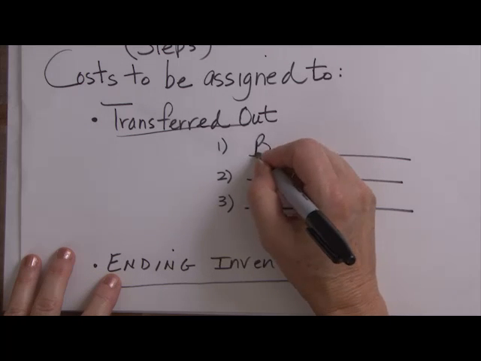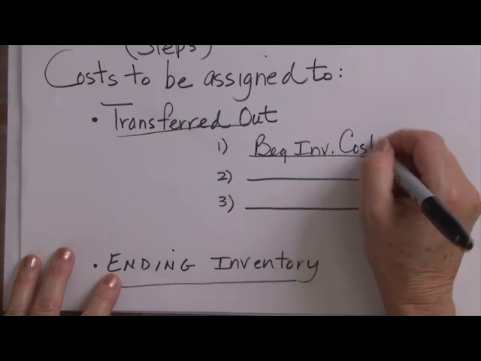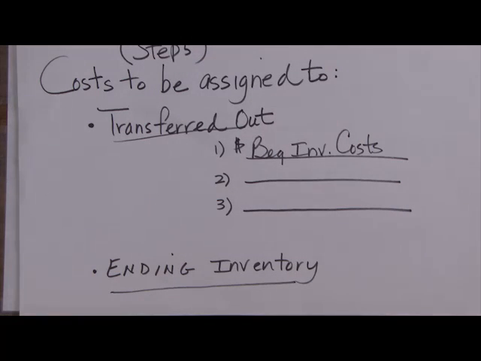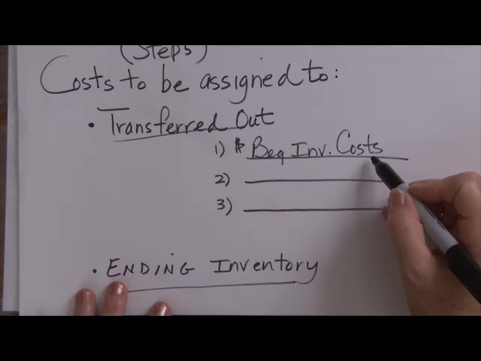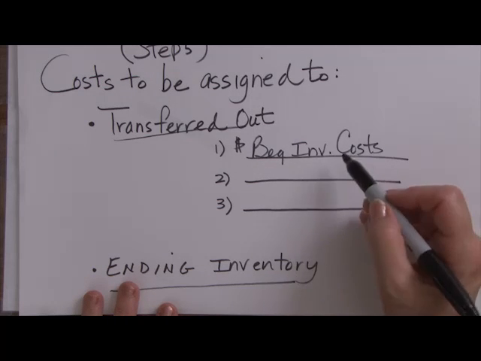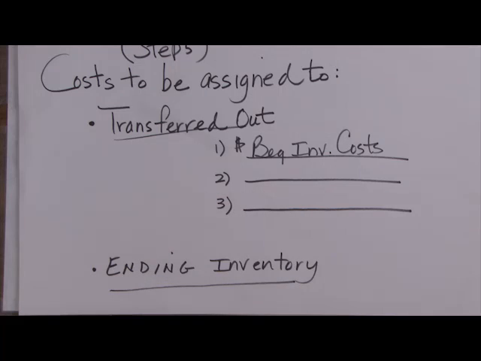We have to include beginning inventory cost. Remember, we haven't included that in our calculation of cost per equivalent unit. So we're going to directly assign those costs to the units transferred out. Whatever dollars we had in beginning inventory are going to be assigned to transferred out units.